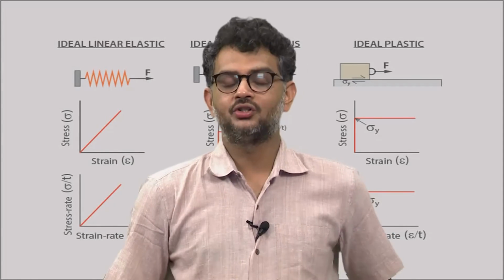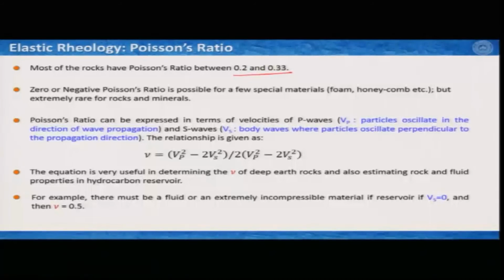So, if we write their relationship, then Poisson's ratio can come in this form, and this is very useful because in the deep earth we only receive the signatures from the seismic waves, except in some rare cases.